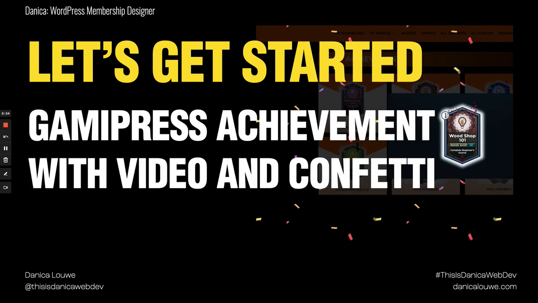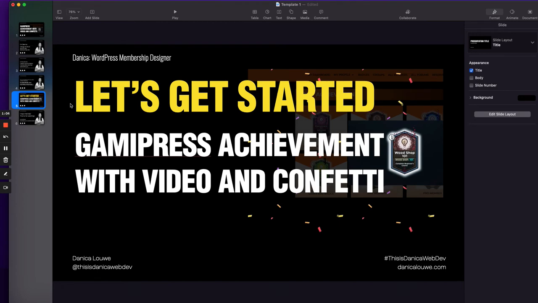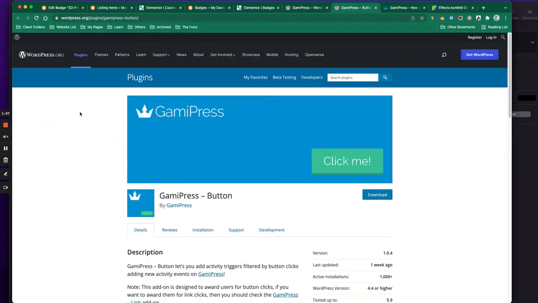So let's get started in GamiPress achievement with video and confetti. So I'm just gonna switch here. So before we check how I exactly set this up, I'd like to let you know that you could use GamiPress for free. It is an add-on that allows you to give some awards to your members.